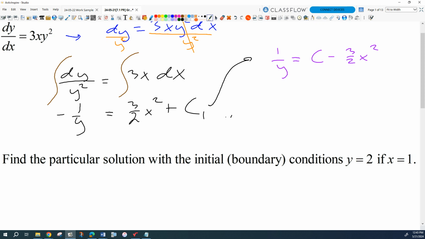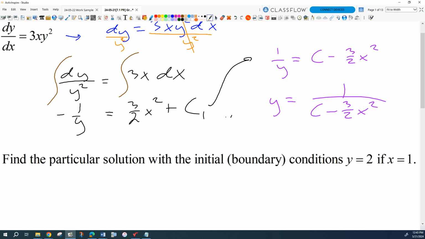And then I could just flip each side and get y equals 1 over C minus 3/2 x squared. If I really wanted to solve for y, that's the function that we could differentiate to get this differential equation. But we could even just leave it like that. That's easier.